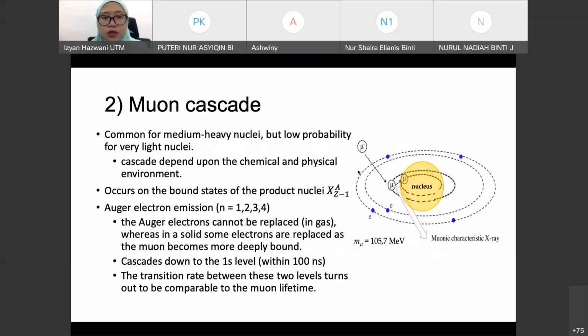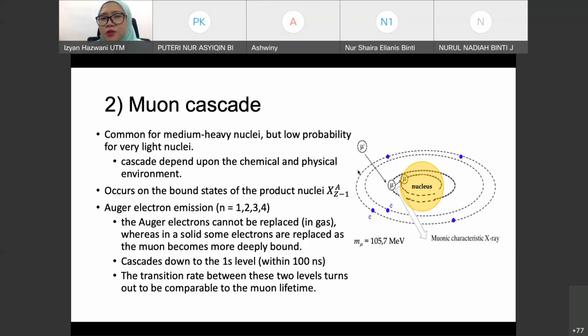Okay, so the muon cascade. Muon cascade commonly occurs for medium heavy nuclei. It has lower probability for very light nuclei, because the muon cascade usually happens when the incident muon replaces the electron inside the atom. But for gas type, the electron position is not fixed, right?